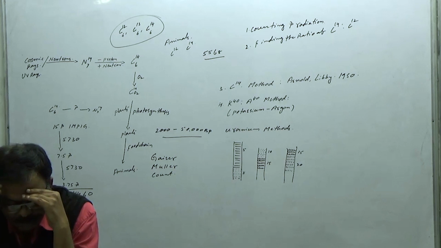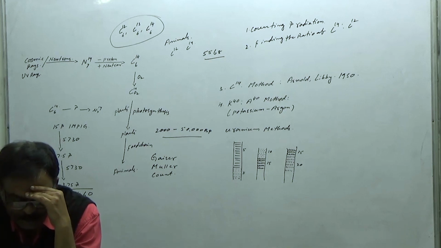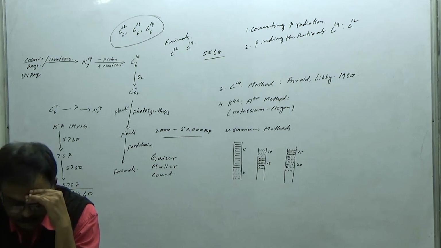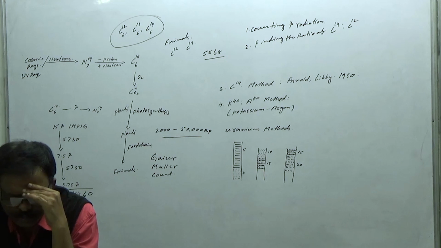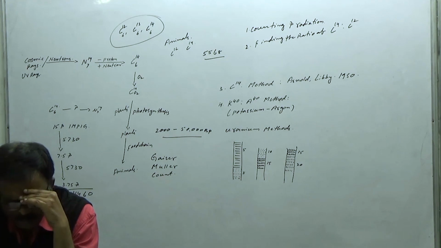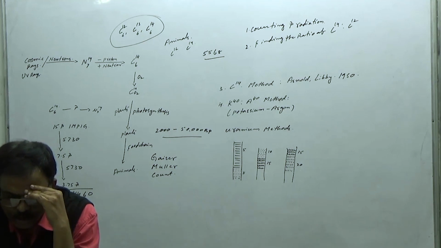When the object is living, the process of decay is neutralized by absorption of C14 through air or food.